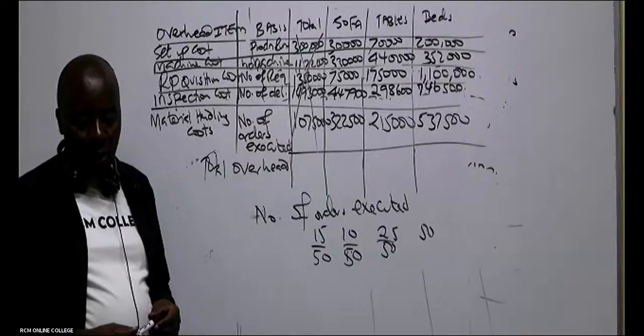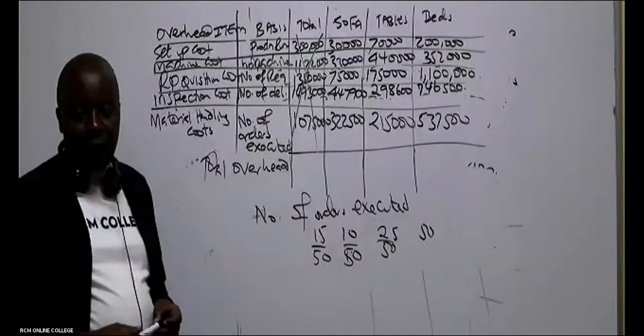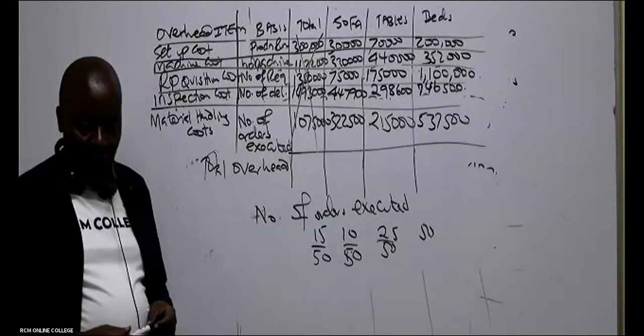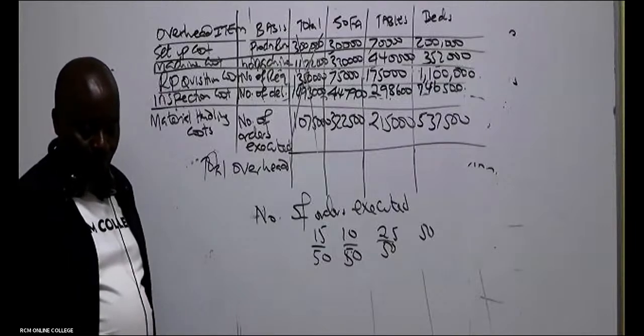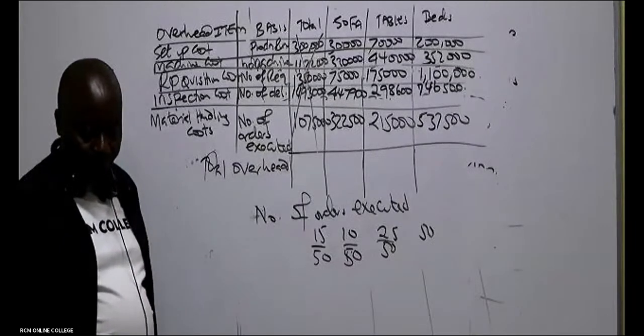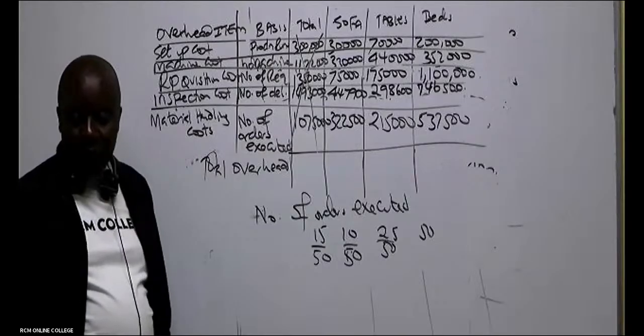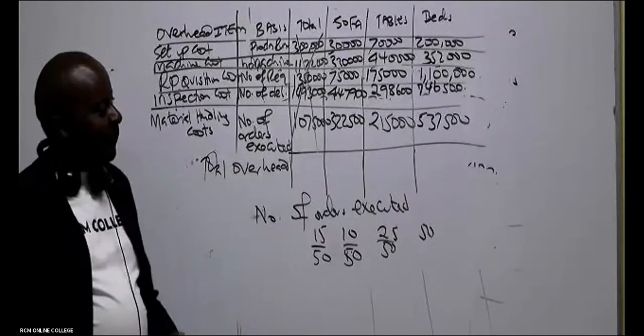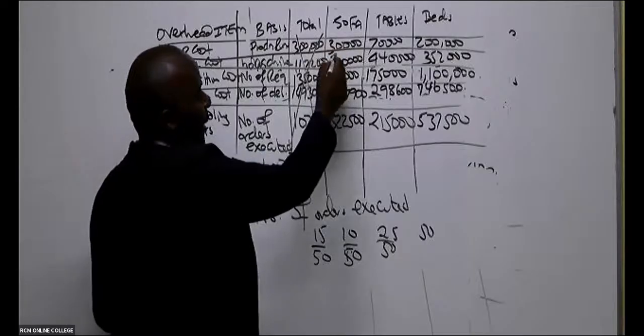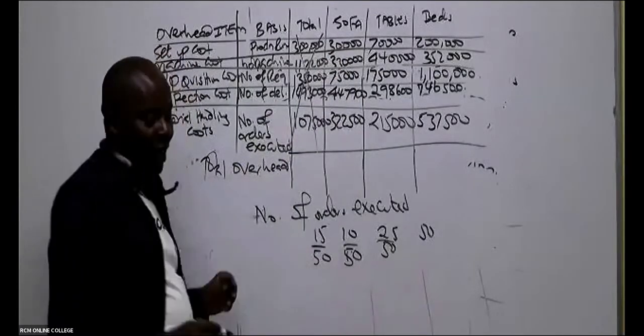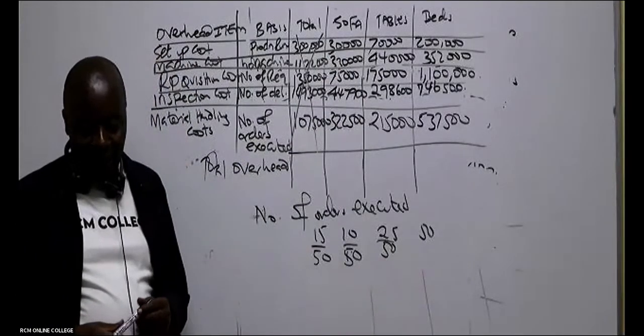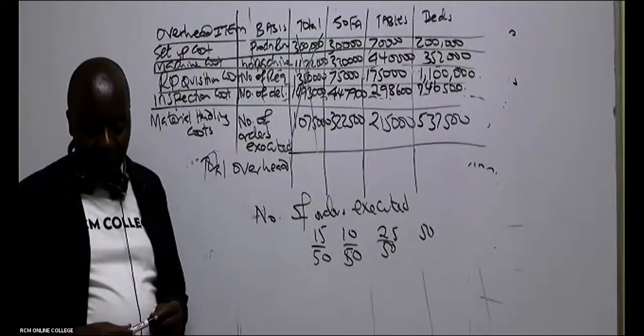According to Wambua, 537,500. For sofa, this plus this plus this plus this plus this. I'm waiting to be told by the others.